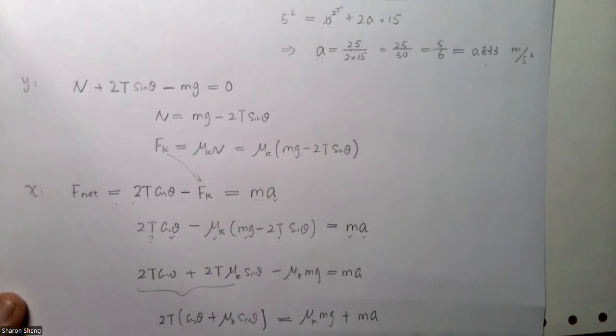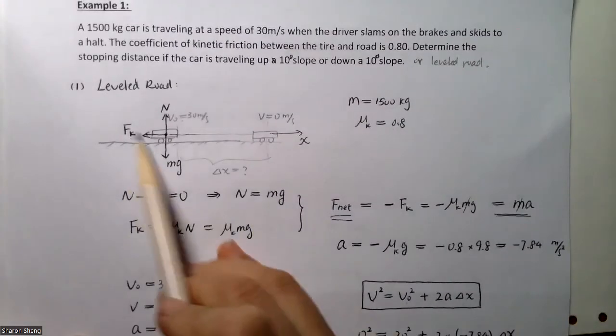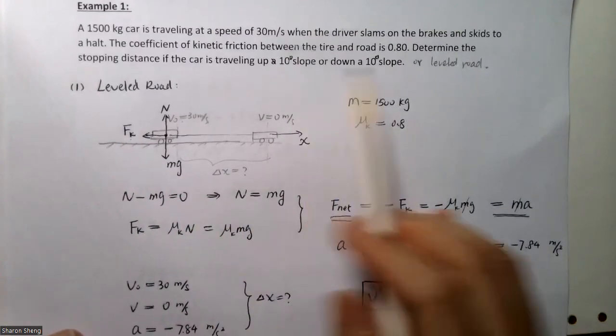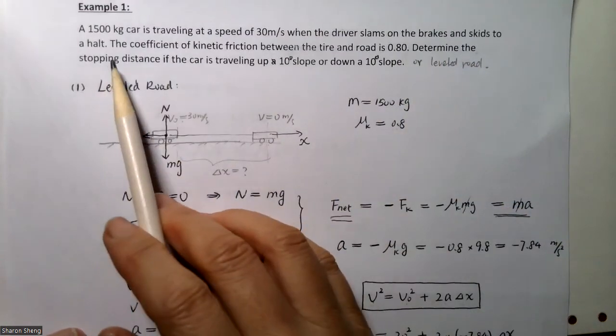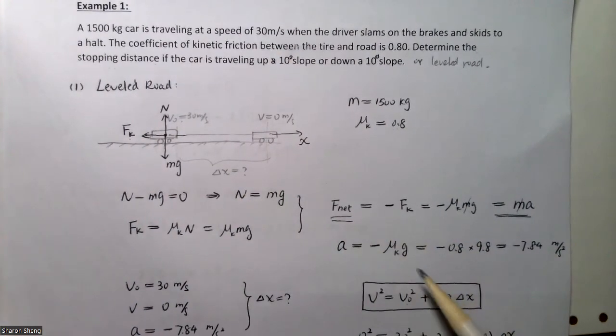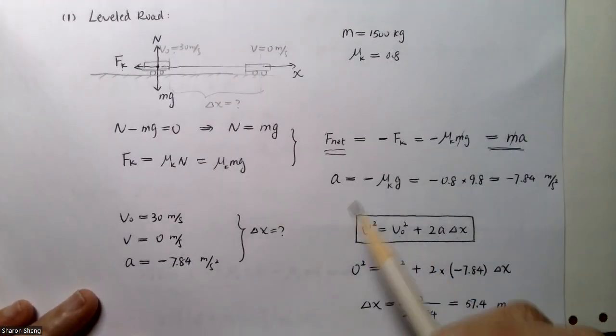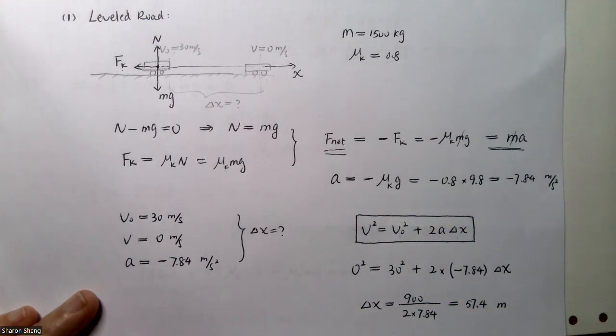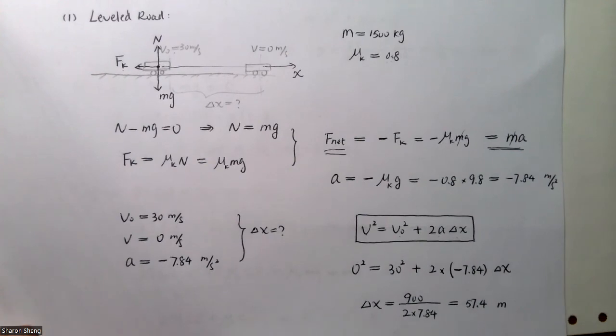And the previous problem is given the force, find the motion information, determine the stopping distance, or find the acceleration. After we find the acceleration, we can use the kinematics formulas to keep working and find some other information about the motion. Okay, so I hope those two examples can help you to understand the second law better.